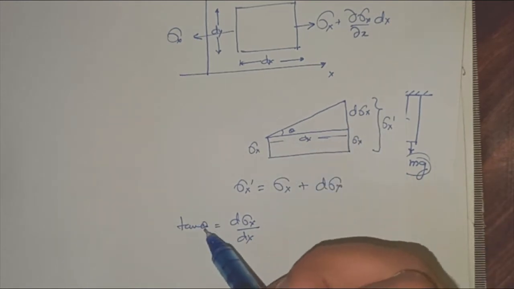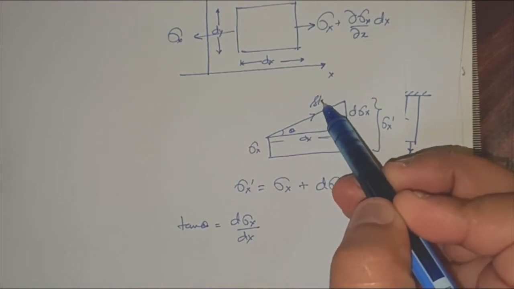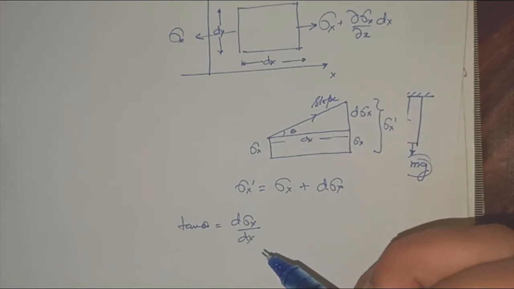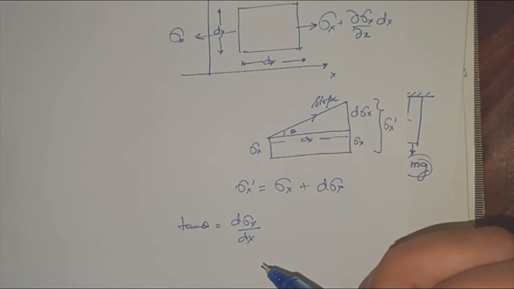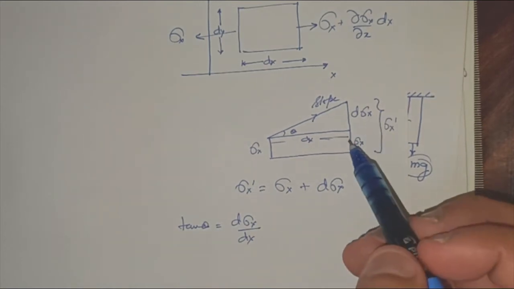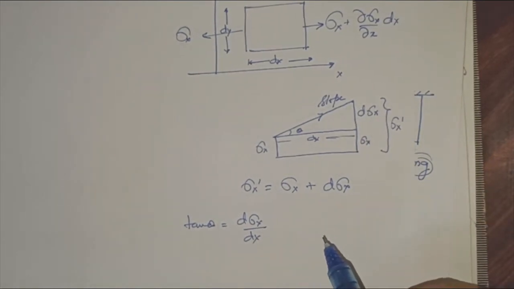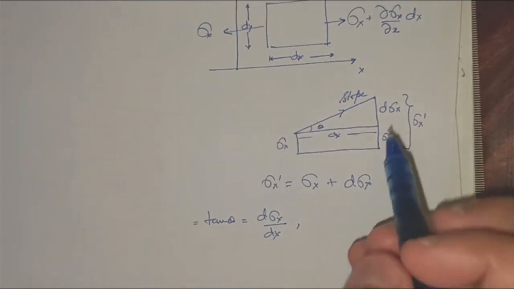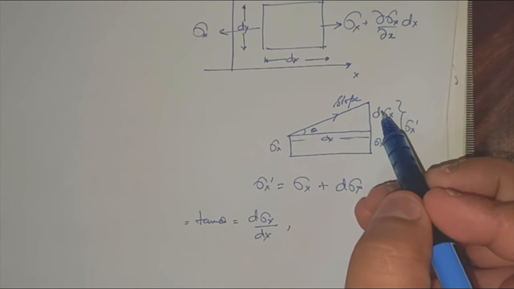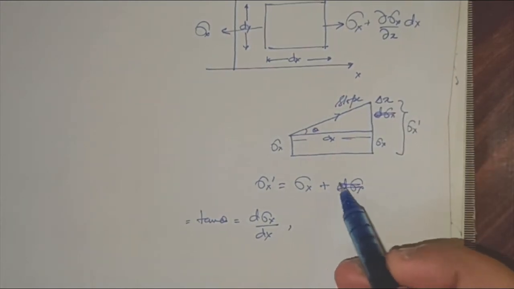So what does tan theta represent? Tan theta here represents the slope of the curve. Rather than giving this as d sigma x, let's give this as delta x, so this becomes sigma x plus delta x.